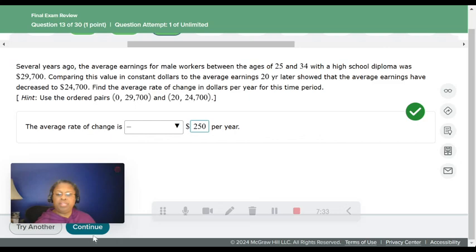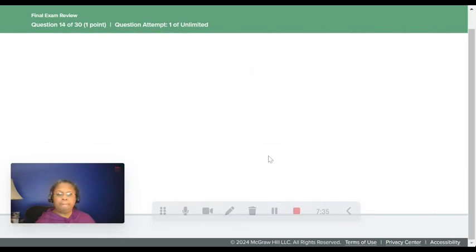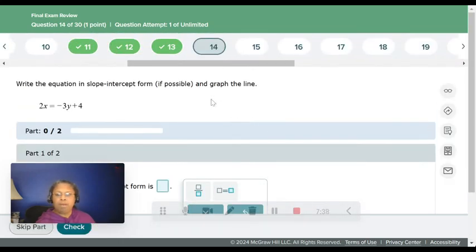Let's move on to our next problem. Problem number 14. Write the equation in slope-intercept form if possible and graph the line. So the first thing we want to do is remember y equals mx plus b.